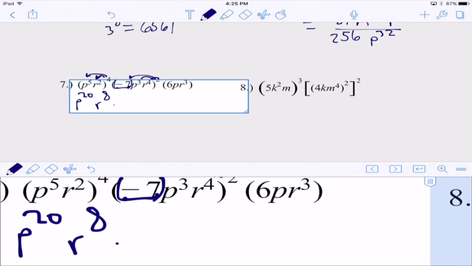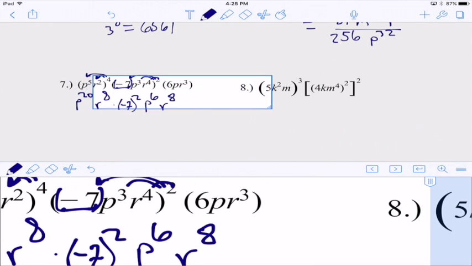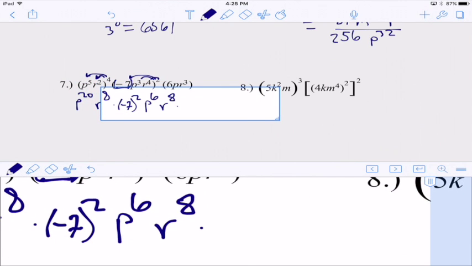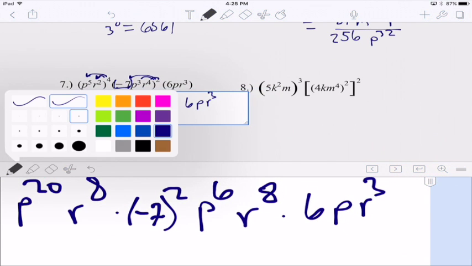So when we do negative 7 squared, I want to put my parentheses around it. We got p cubed squared, again we multiply, so that's p to the 6th. R to the 4th squared, r to the 8th. And this one doesn't have an exponent, so I'm just going to copy it. 6p r cubed.